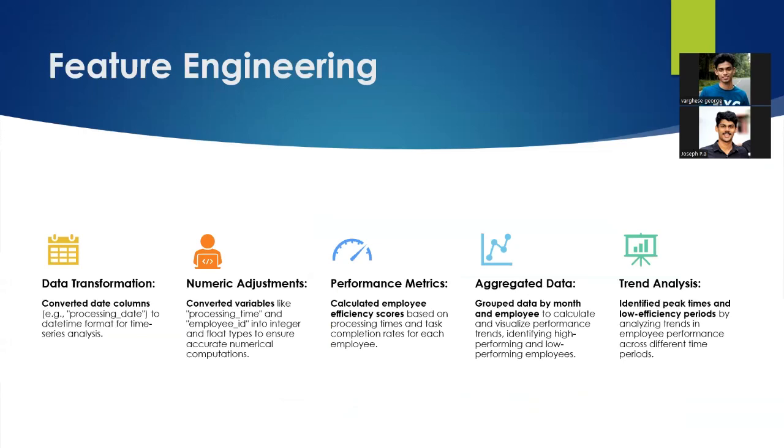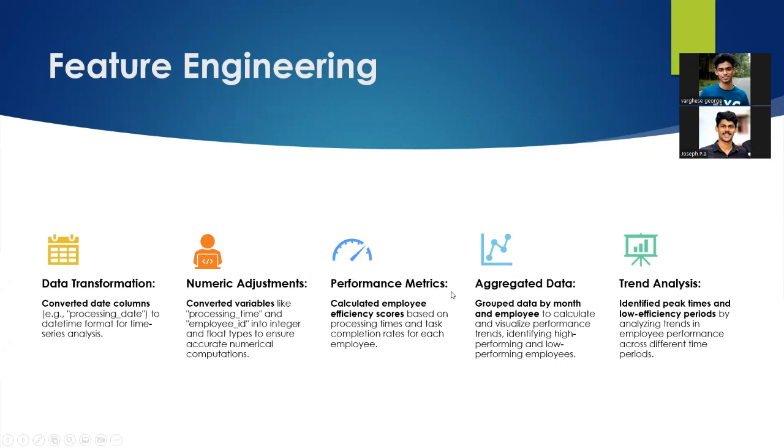Feature engineering. We have the data transformation, numeric adjustments, performance metrics, aggregated data, and trend analysis. In the data transformation, we converted the date columns, for example processing date, that is mentioned in the slide. In the numeric adjustments, we converted variables like processing time and the employee ID.